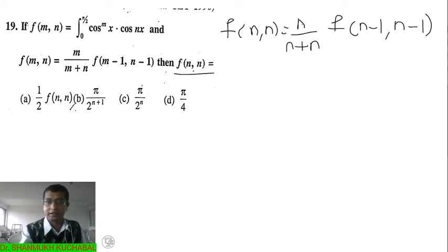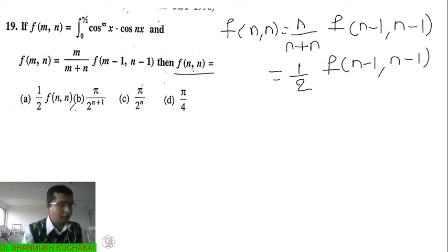So in this step, wherever it is m, we replaced it by n. Further simplifying, we get n divided by n plus n, so n gets cancelled, we get 1 by 2 f of n minus 1, n minus 1. This is the value of f n.